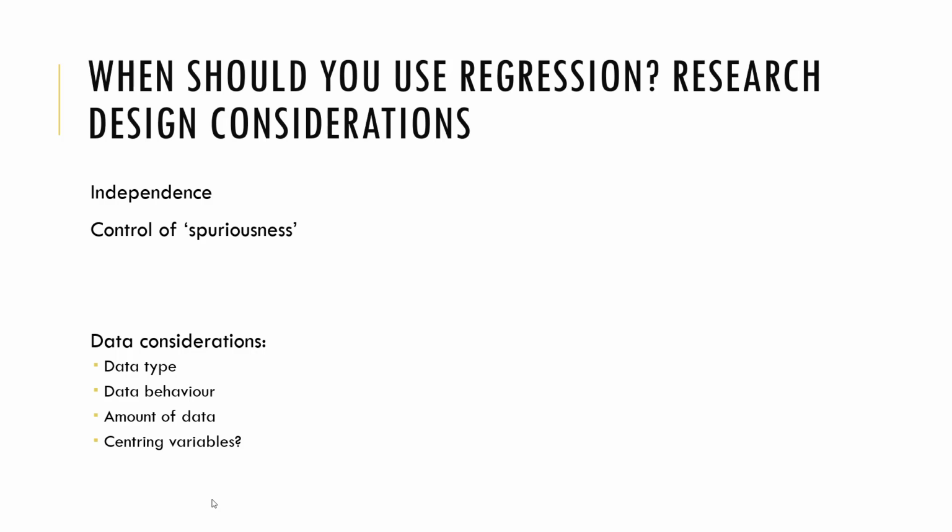Centering variables can help with all sorts of different issues, including potentially independence issues. It can potentially help with homoscedasticity issues, and we'll come to all of these in a little bit. It can also help with multicollinearity. So if you've looked at the MANOVA lecture already, you should be familiar with what multicollinearity is, and actually also the factor analysis.